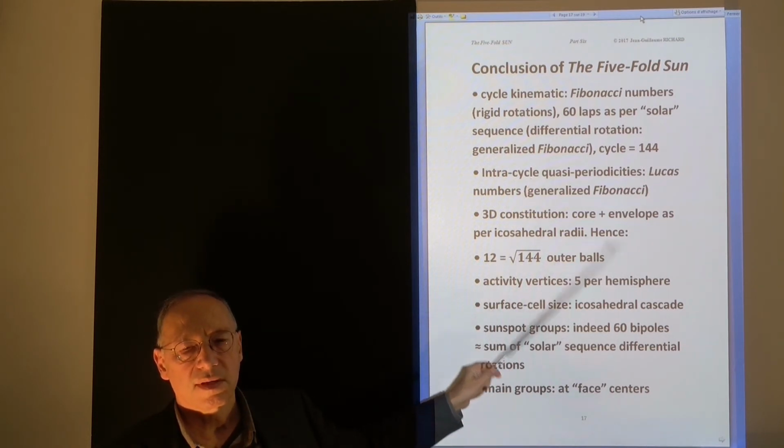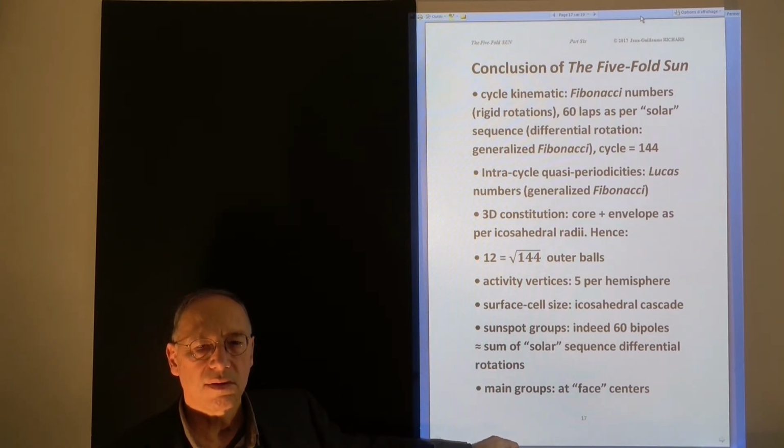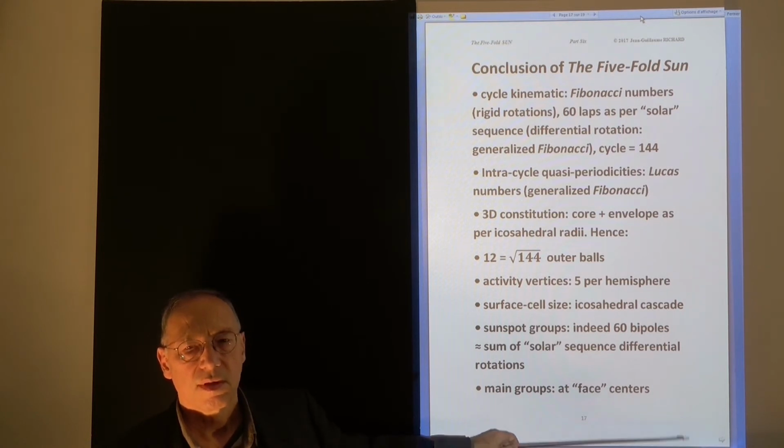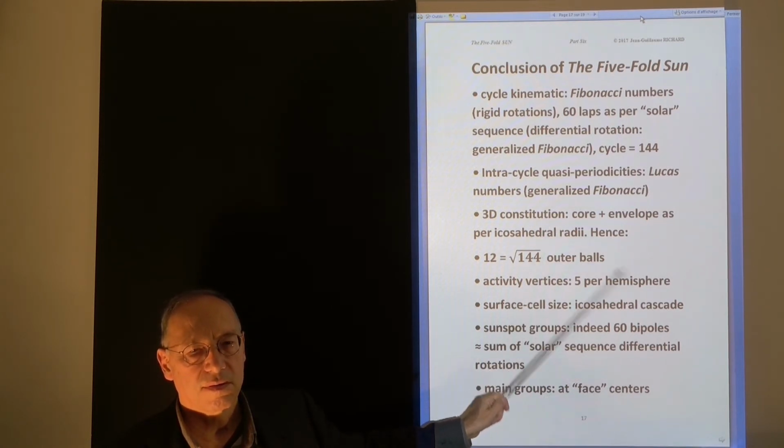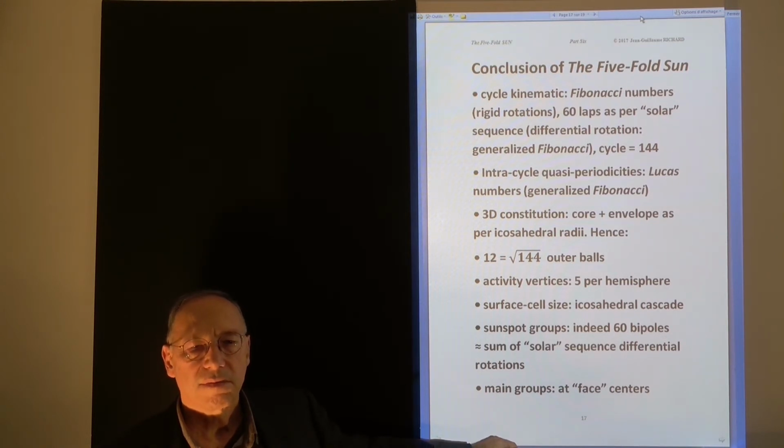Then we found that the intracycle quasi-periodicities observed by many authors correspond to Lucas numbers of rotations, which are also generalized Fibonacci numbers. We then turned to the three-dimensional constitution of the solar ball, and we found that the size of the core and of its envelope correspond to icosahedral radii.